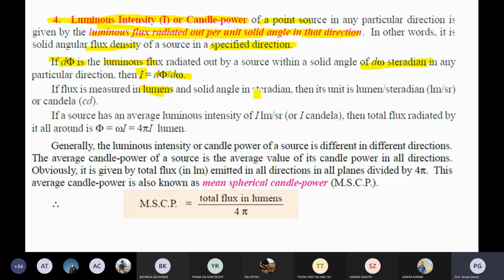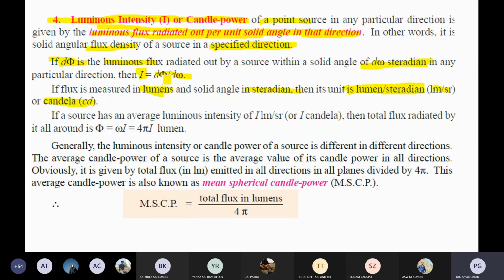So phi equals omega into I. You know that omega is 4 pi radian, the maximum value of omega equal to 4 pi. So 4 pi I lumen, that answer will be like that.